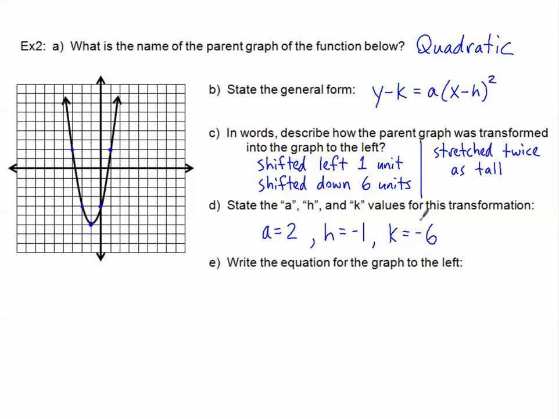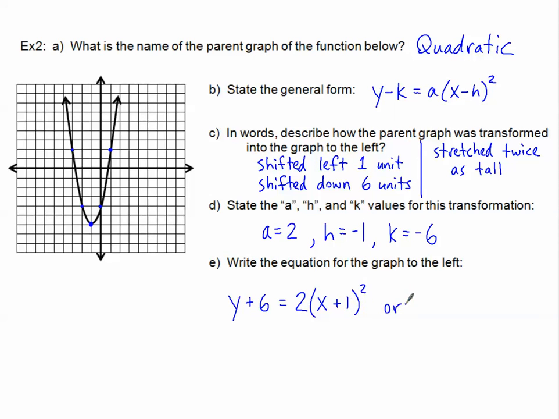Once we find a, h, and k, we just plug them right into our general form, and we'll have our equation. So we've got y, since k is -6, this would turn into +6, because we'd be subtracting a -6. y + 6 equals the value of a, which is 2, and then my set of parentheses, which would be x minus the value of h. x minus -1, of course, is x plus 1, and then the quantity squared.